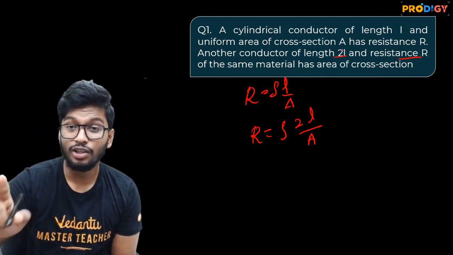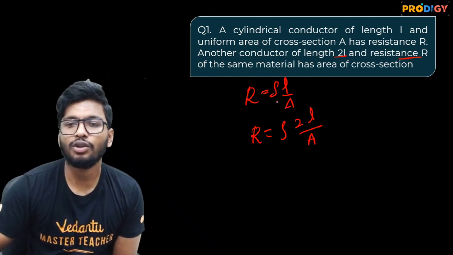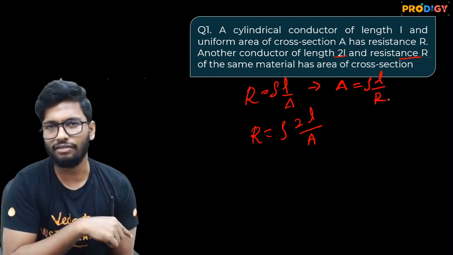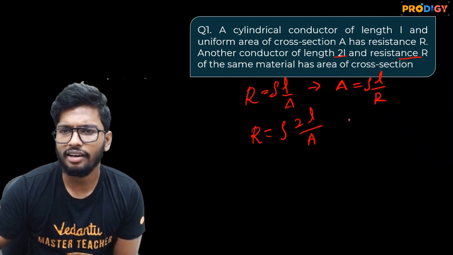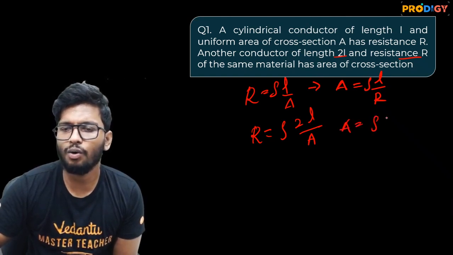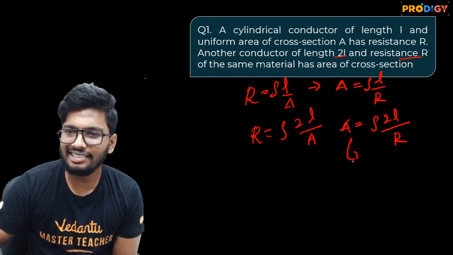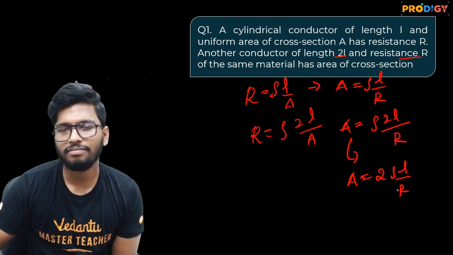It is the same material, so resistivity also remains the same. Length, however, has been increased to 2L. So I can rearrange this equation as A is equal to rho L by R. I'm taking A to the left hand side and keeping everything on the right hand side. Here also I'm going to do the same thing. So what will I get? A is equal to rho 2L by R. Now, can I write this equation as A is equal to 2 into rho L by R?